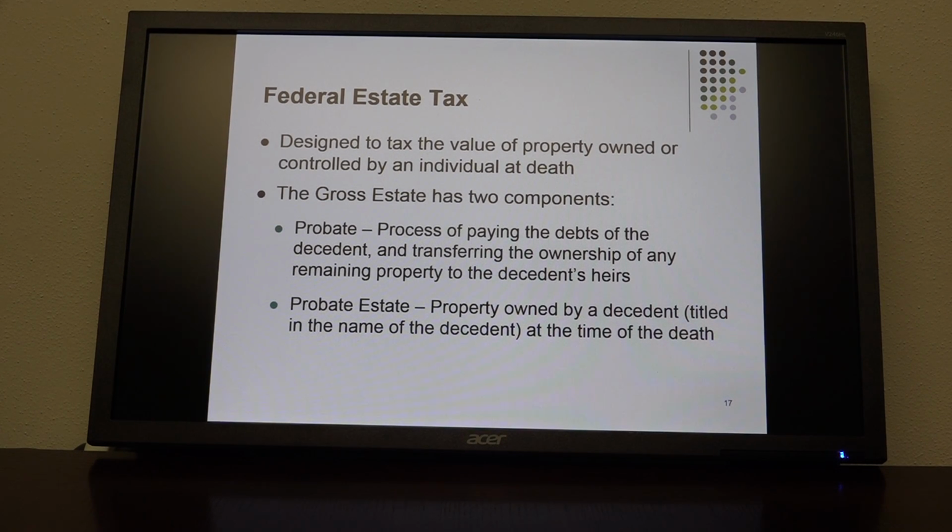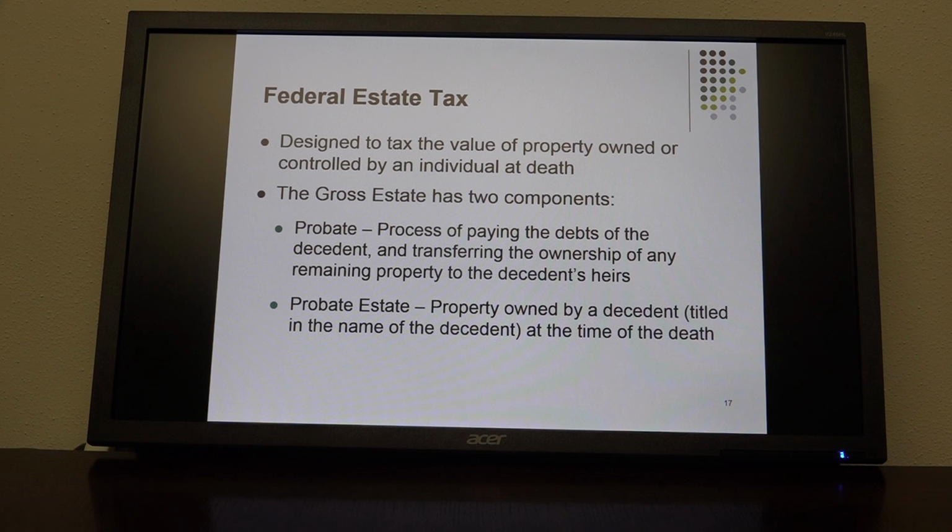Now, the probate estate is property owned by the decedent in the name of the decedent at the time of death. The probate estate is not the same as the gross estate. Gross estate is a broader term.